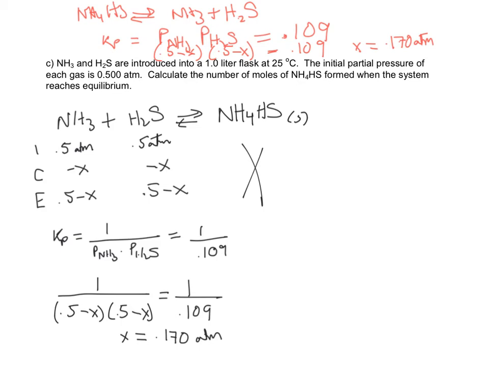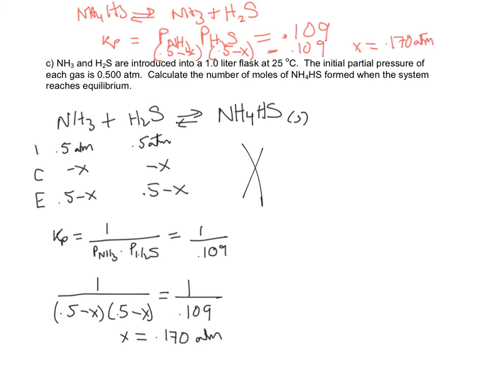Now, what is x? X is how much pressure was lost either from the NH3 or from the H2S. It doesn't matter which one you look at. Let's look at the NH3. It's how much pressure you lost from the NH3 in order to make NH4HS. So that's how much actually reacted.